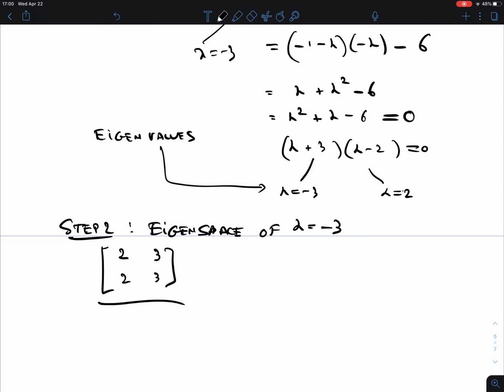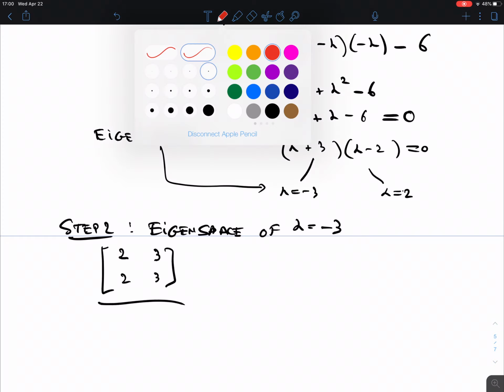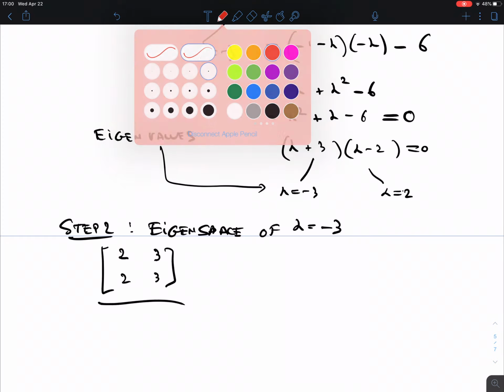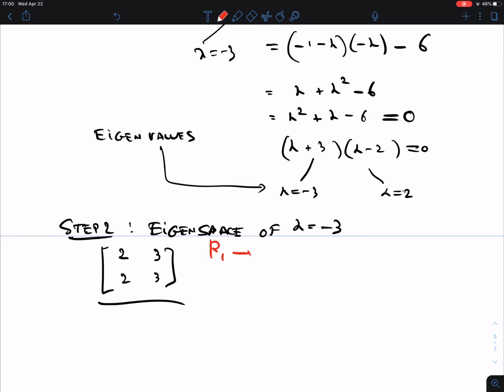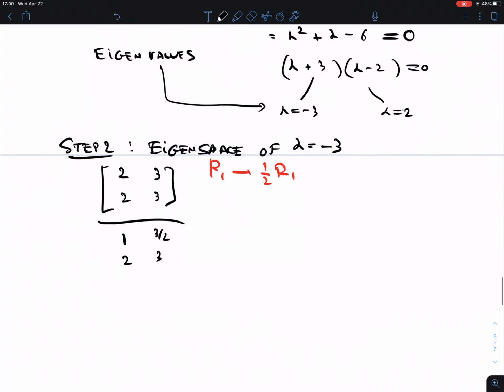Okay, so row operation. Well, I did a fraction here, so row 1 divided by a half, that's not so bad, right? I get 1, 3 halves, 2, 3.